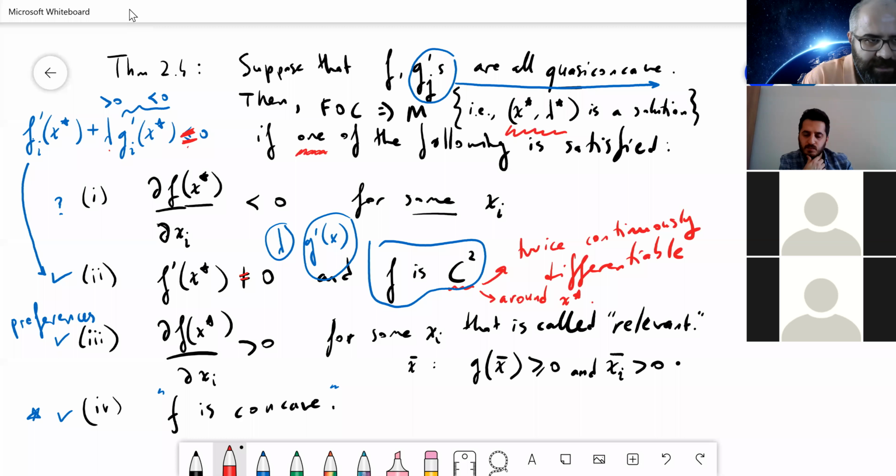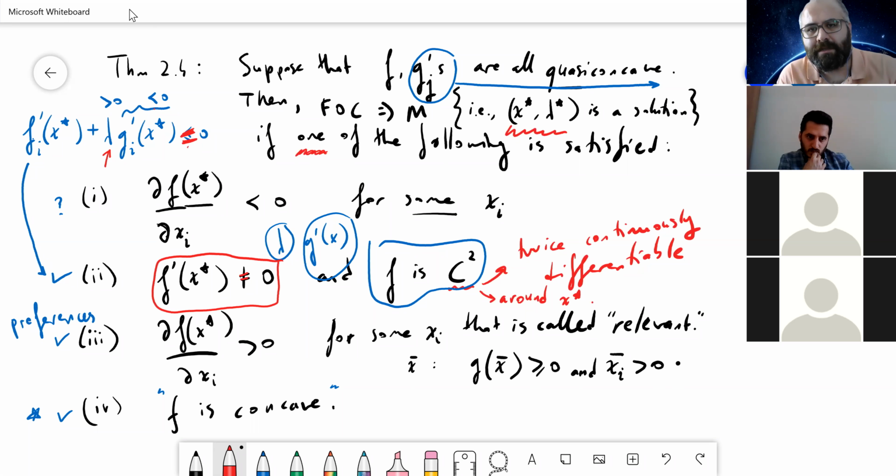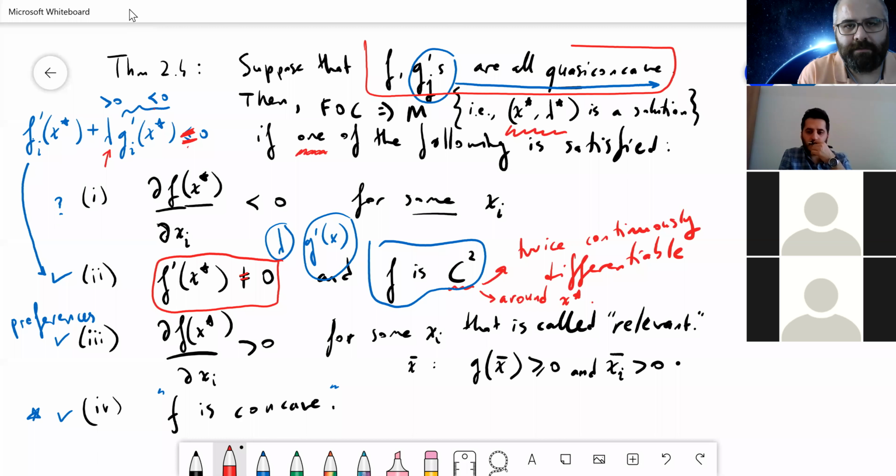Then if this resource is particularly about income, then this is negative, this is positive, this goes on to the right hand side, and this is already satisfied. So typically in economic problems, these conditions are satisfied even if our functions are not concave. That's the point of this entire theorem.